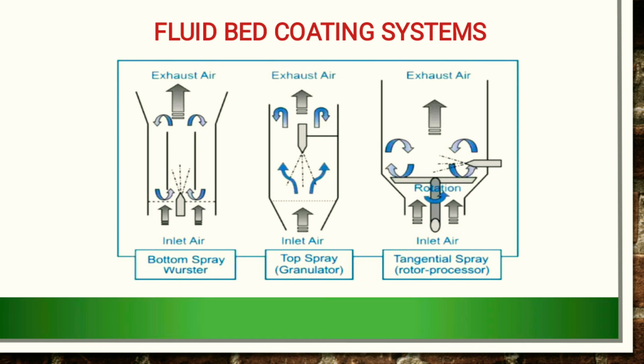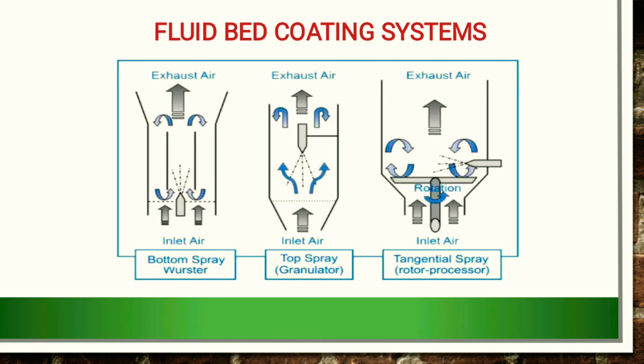In a fluidized bed system, the objects being coated are suspended in an upward stream of air, maximizing the surface available for coating. The coating is applied by an atomizer and this is dried by fluidized air.